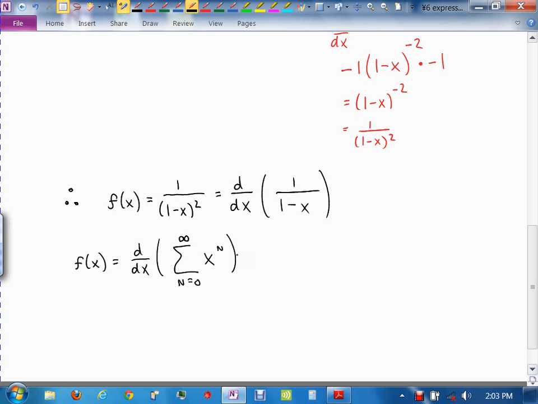And the derivative of a power series can be done term by term, right? Or I can just do the derivative on the formula itself. How would you take the derivative of x to the n? n x to the n minus 1, right? But whenever we take the derivative, something else has to happen.